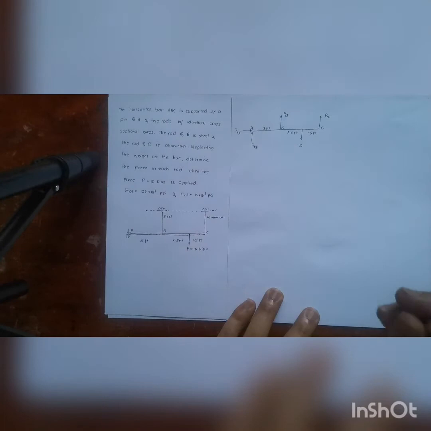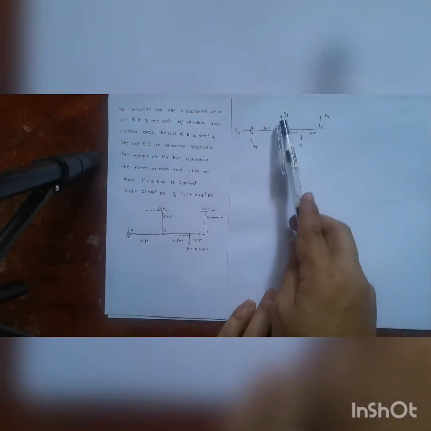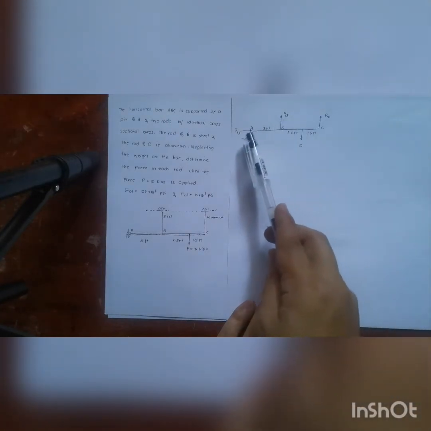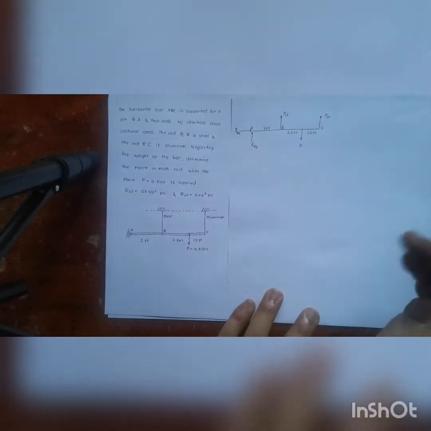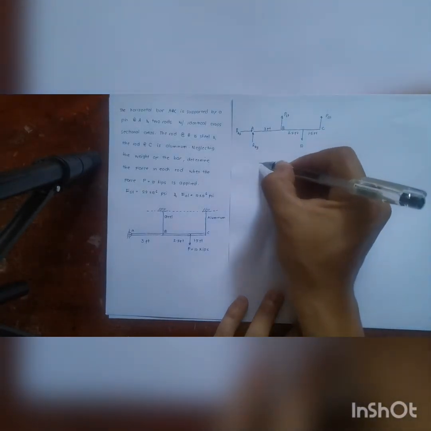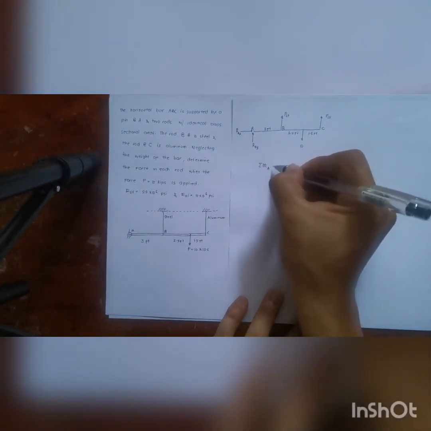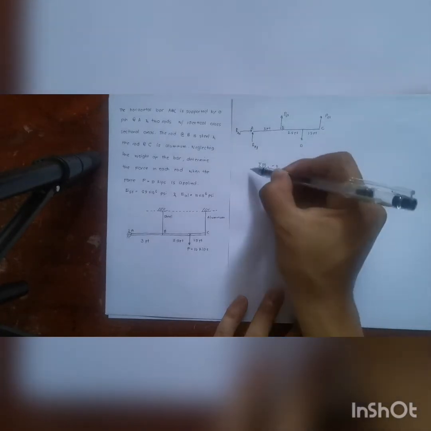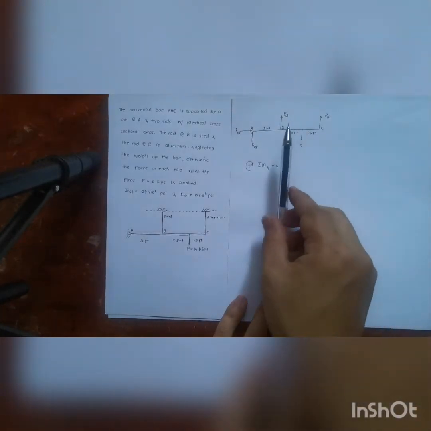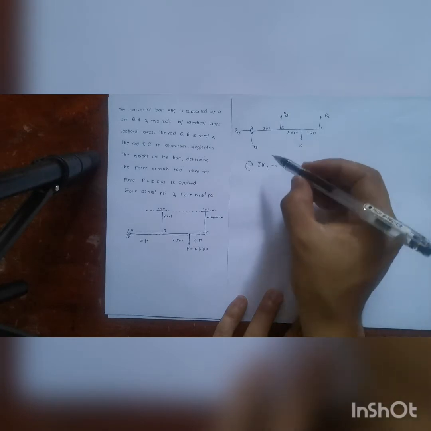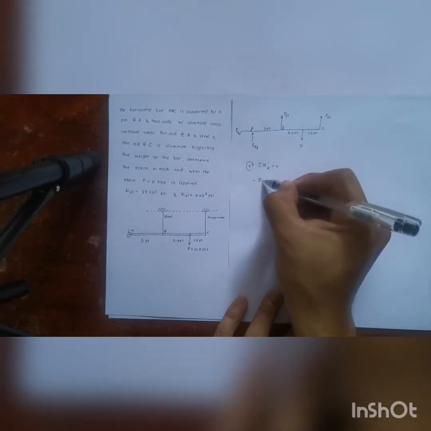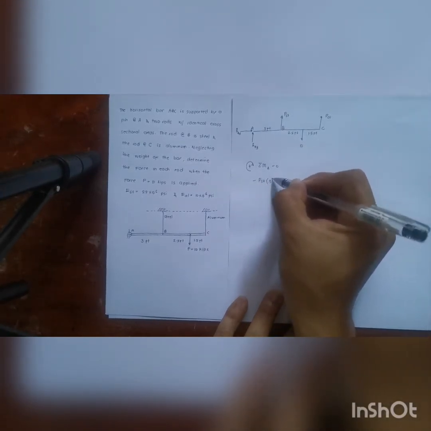So first, since we only want the load of steel and aluminum, we take the summation of moment at point A to eliminate RAX and RAY. Taking summation of moment at point A equal to 0, assuming clockwise direction is positive, the load in steel is counterclockwise, so that is negative: PST multiplied by 3.